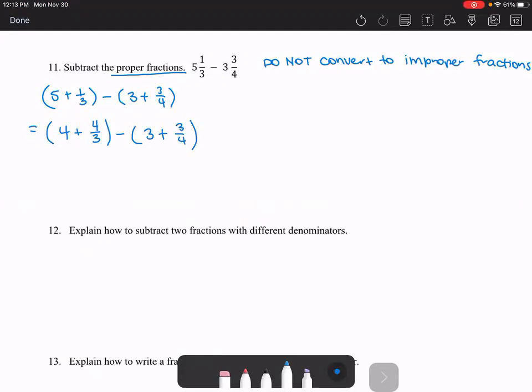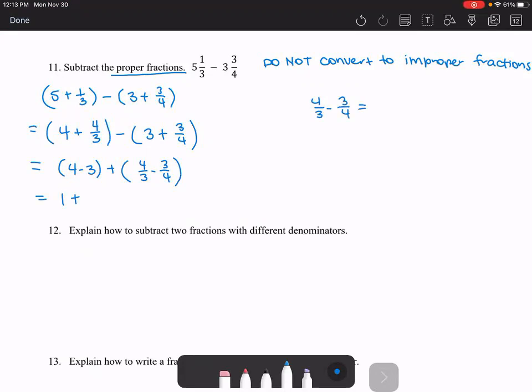Okay, so then when we do that, we can distribute that negative sign and reassociate. So this is 4 minus 3 plus 4/3 minus 3/4. And then this is going to be 4 minus 3 is 1, and 4/3 minus 3/4. I can't do that off the top of my head, so I'm going to write it out here to the side.